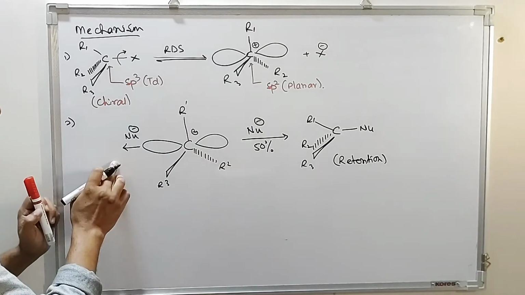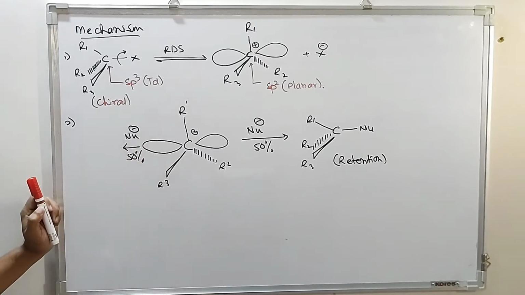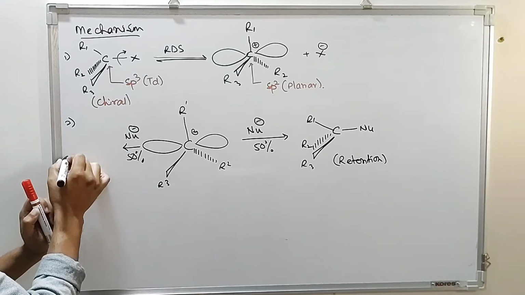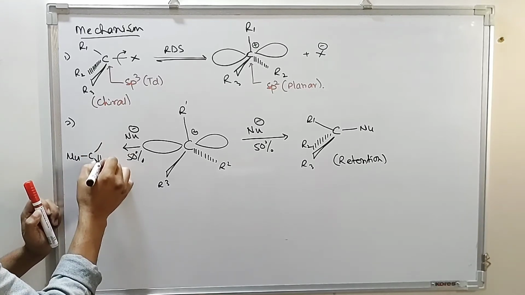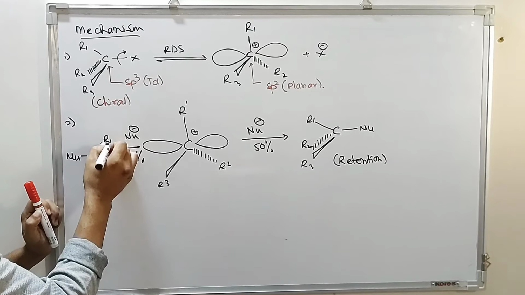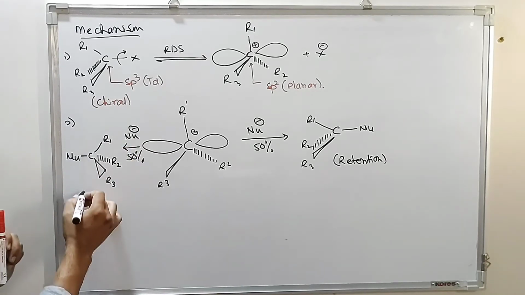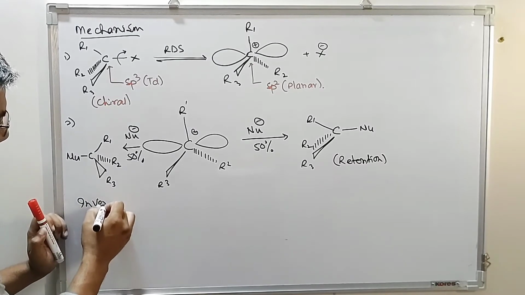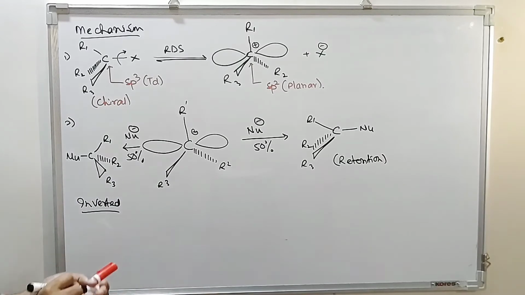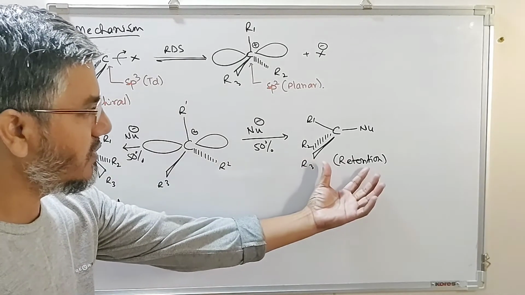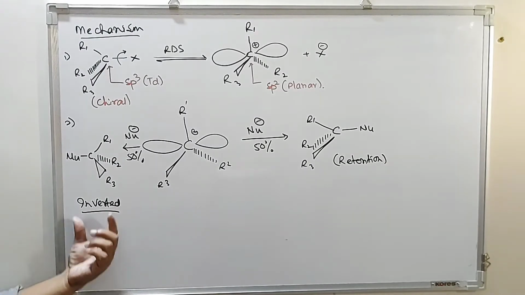So on the other side there is a 50% chance for this nucleophile to approach this p orbital, which gives you this R1, R2 and R3. So if you look at this, this is the inverted product. So there is a 50% chance for retention of configuration and 50% chance for inversion of configuration. Why is this?